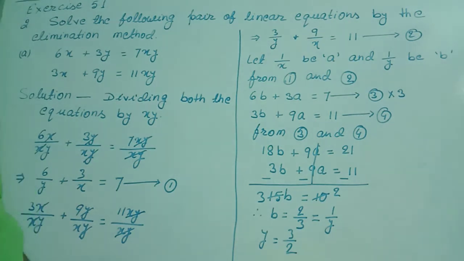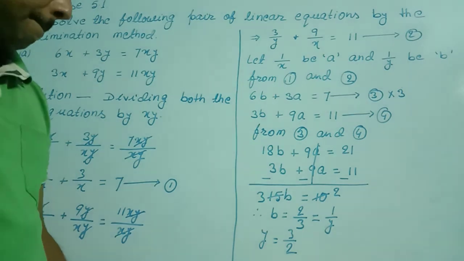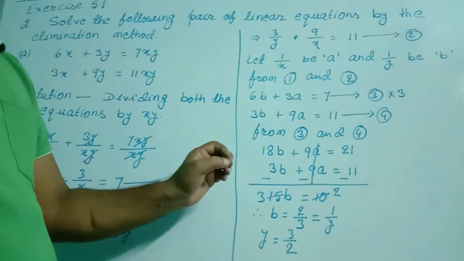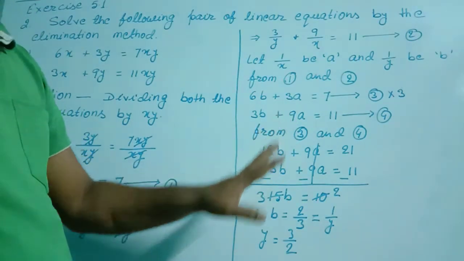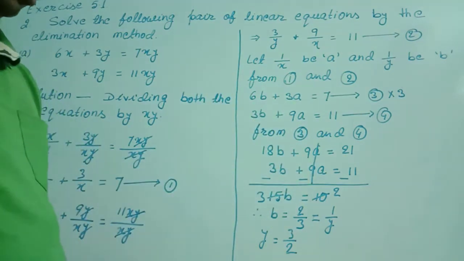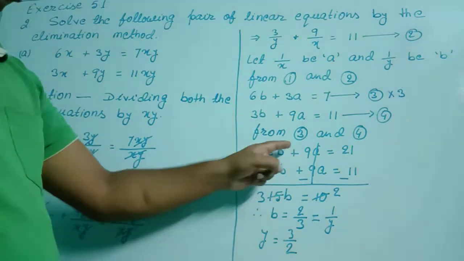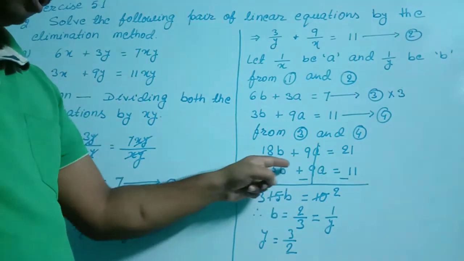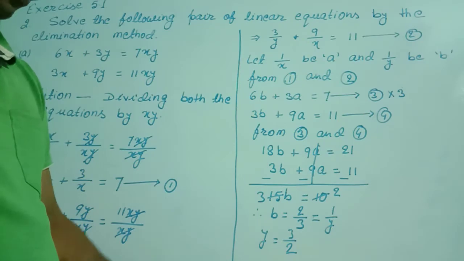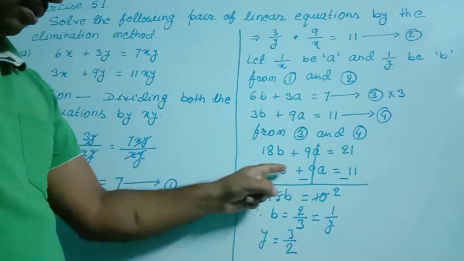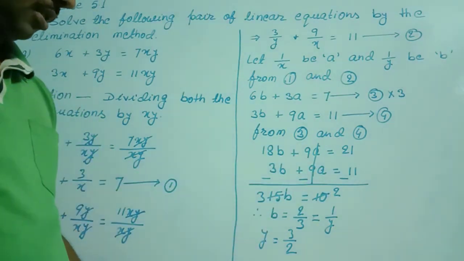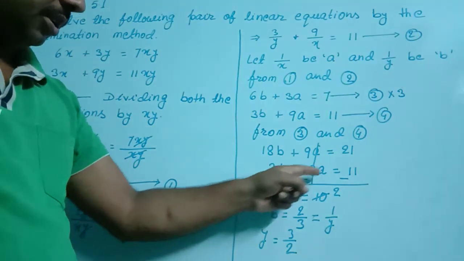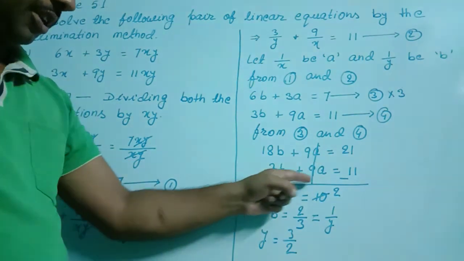Either we will add these two equations or we will subtract these two equations, so that equal terms will be cancelled. These two are equal terms, both have plus signs. So if you subtract this lower equation from the upper equation, then all the signs will be changed. Plus will be minus. So I changed the sign.